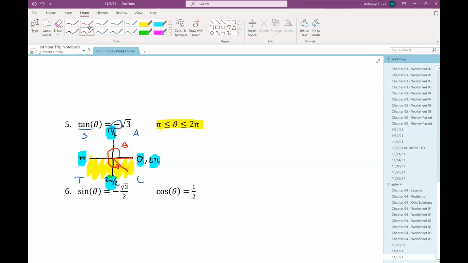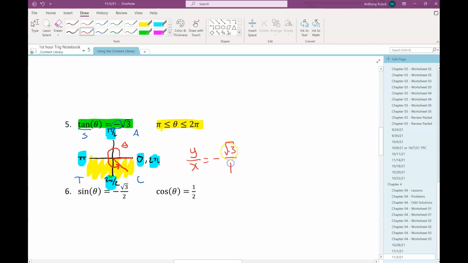So my last step here, this problem's on worksheet 1, the instructions were to use the unit circle to do this. So now that we figured out where on the unit circle we're looking, we need to look in quadrant 4. What we're going to be using then is this piece. We know that tangent on the unit circle is the y-coordinate over the x-coordinate.